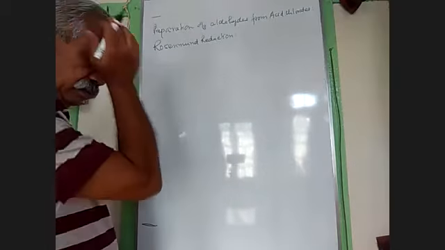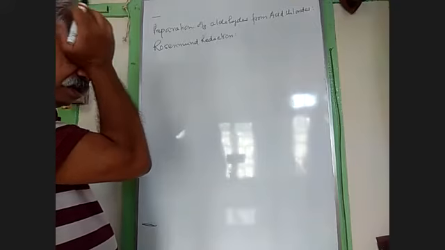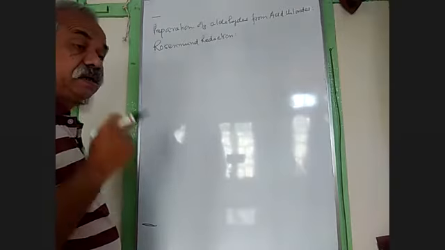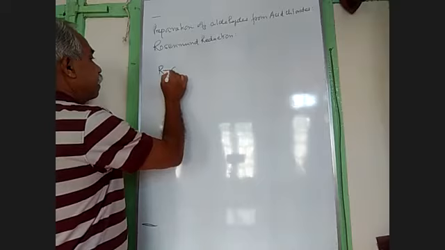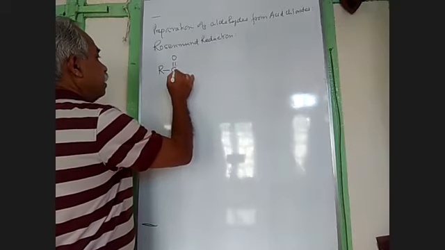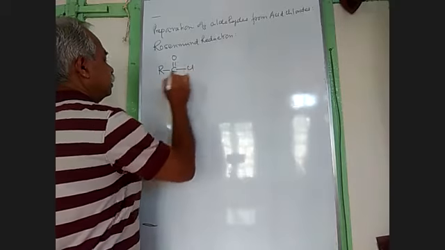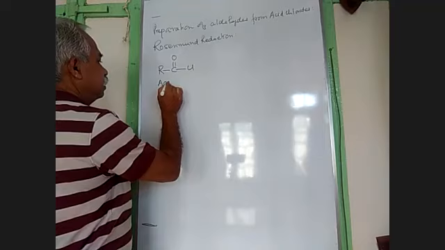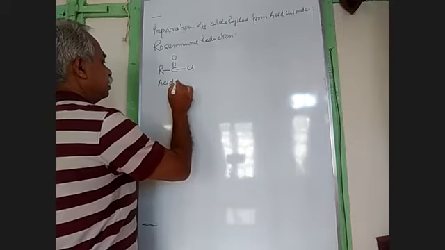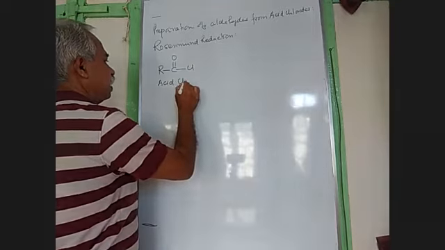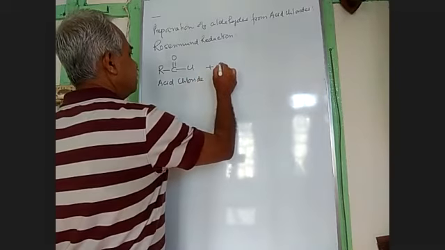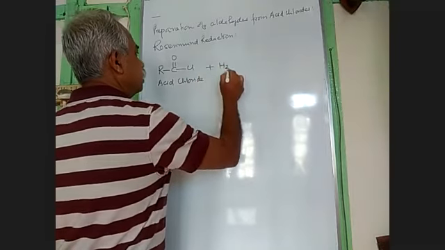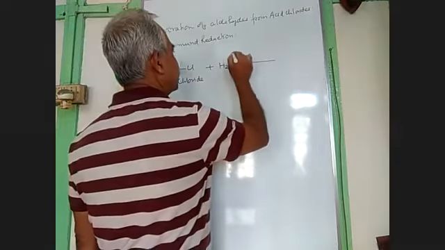What do we do? In this case, we carry out the reduction of acid chloride by hydrogen gas. We call it catalytic hydrogenation. Acid chloride in presence of palladium as catalyst.